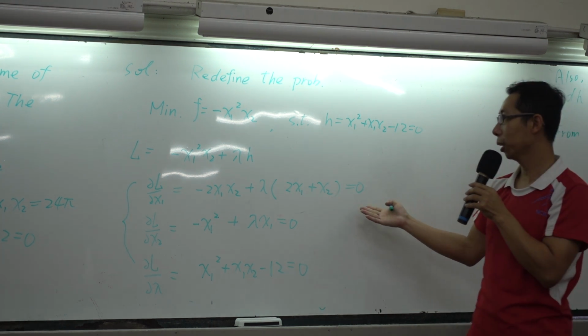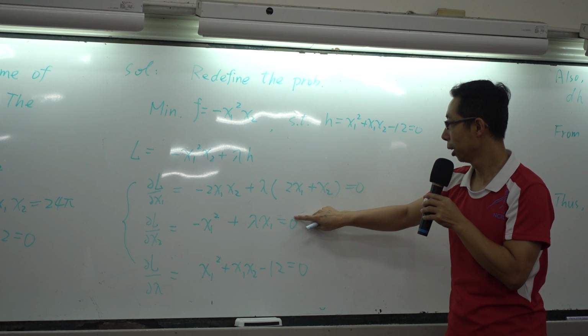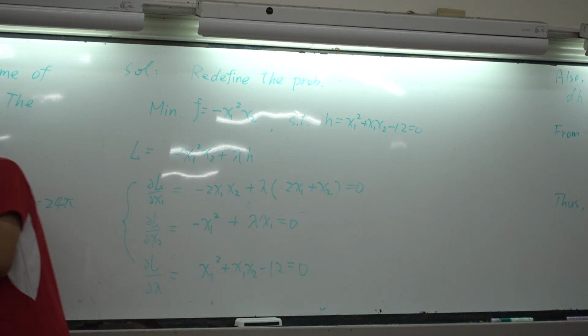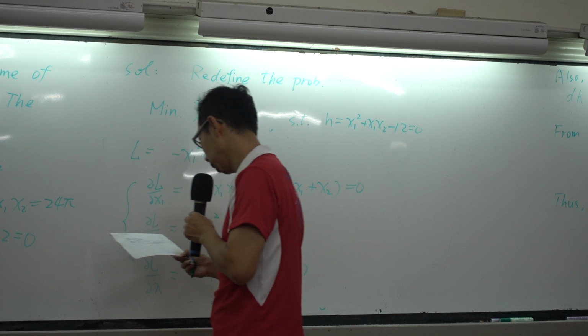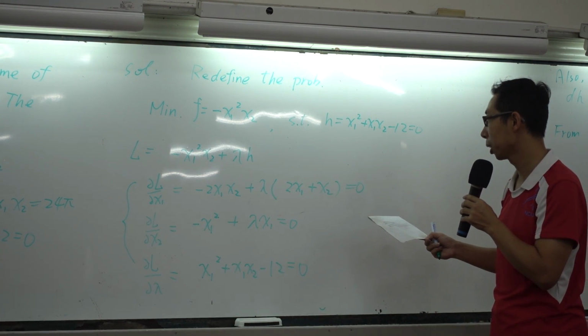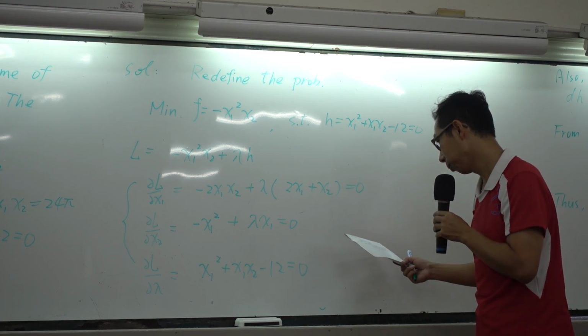Yep, so now we have three equations and three variables, so I believe we are able to solve this problem. Now let me check and see whether everything looks good. Yeah, I believe so.